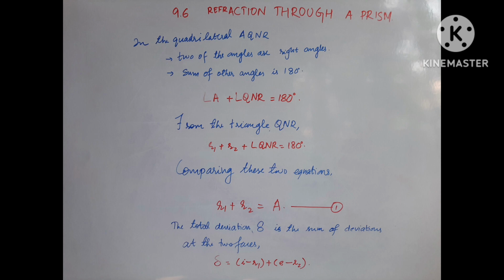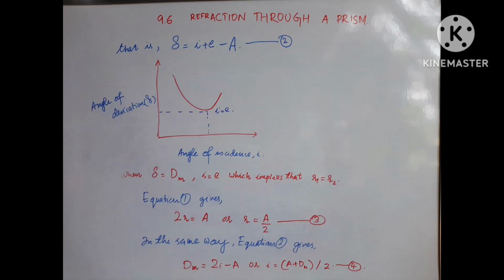Grouping I plus E, and using R1 plus R2 is equal to A, we get delta is equal to I plus E minus A, which is our second equation. So there is a relation between deviation delta and angle of incidence I.